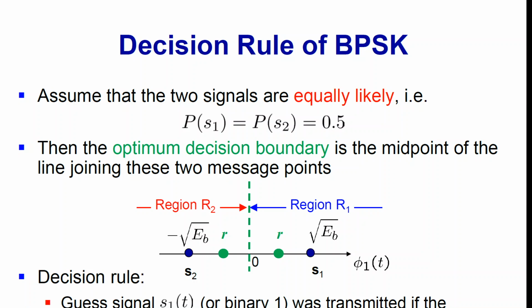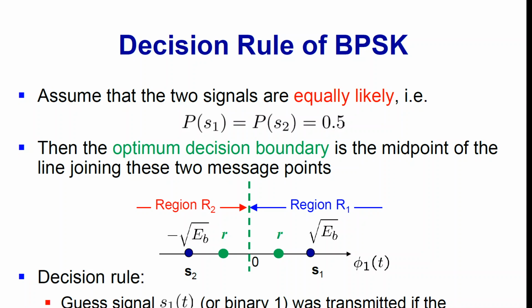Now we will analyze the decision rule of BPSK. Here we will assume that both S1 and S2 are equally likely, that is P of S1 equal to P of S2 equal to 0.5.